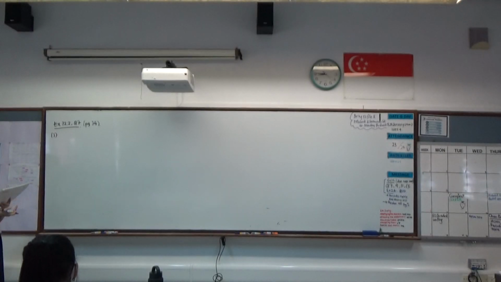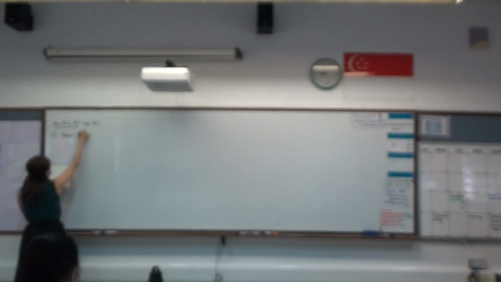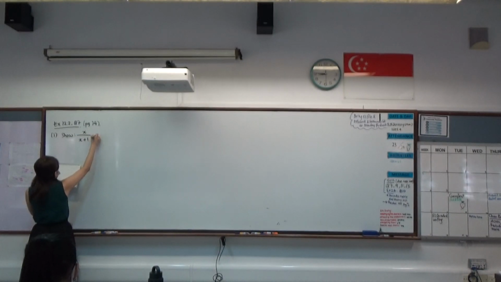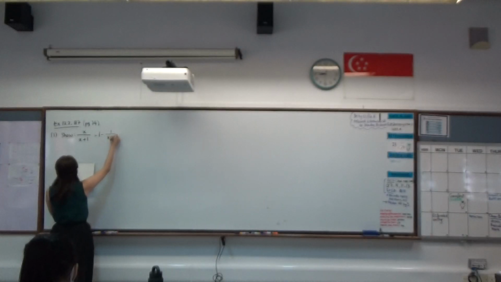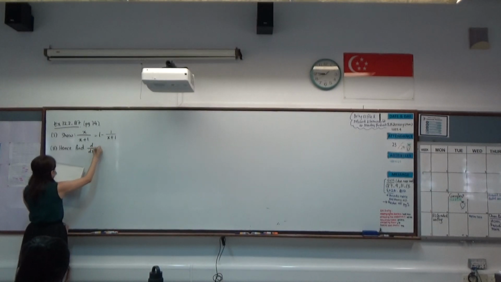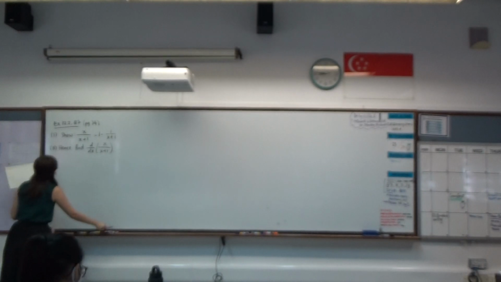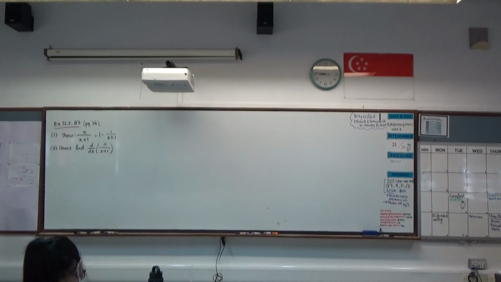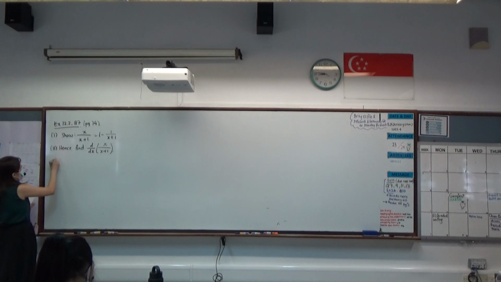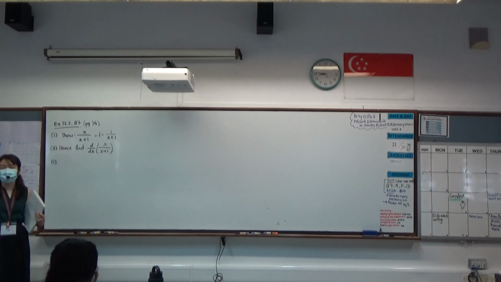Okay, let's look at question 7 in your textbook, page 14. Okay, let's see question 7, part I. We want to show that x over x plus 1 is actually equal to 1 minus 1 over x plus 1.